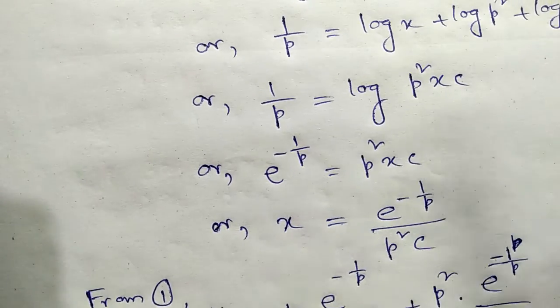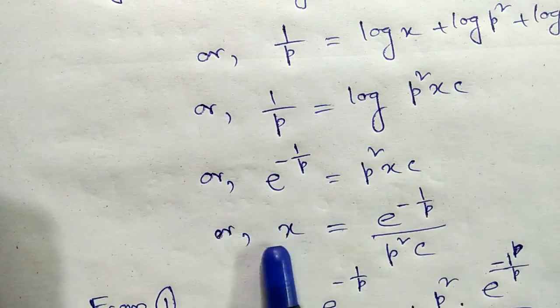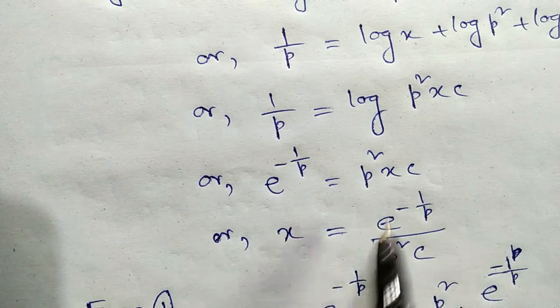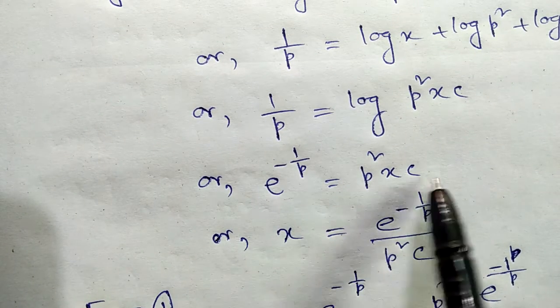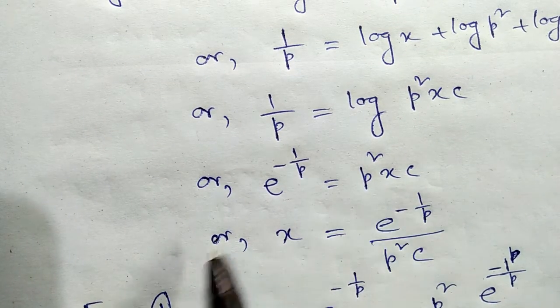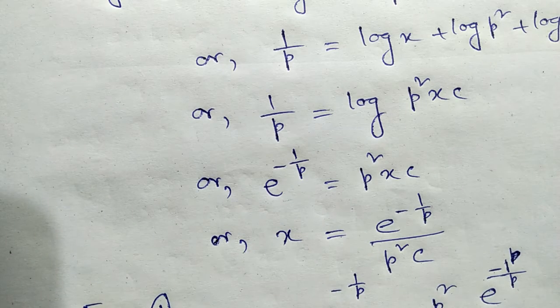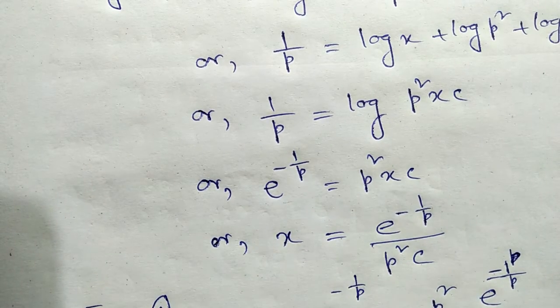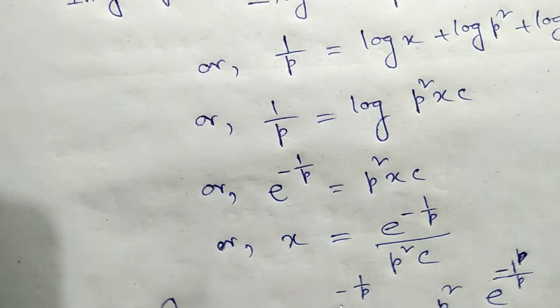But in case of type 2, when we find this x, or just before this line, from this line we cannot find the value of p explicitly. We can't find the value of p explicitly in terms of x and c.